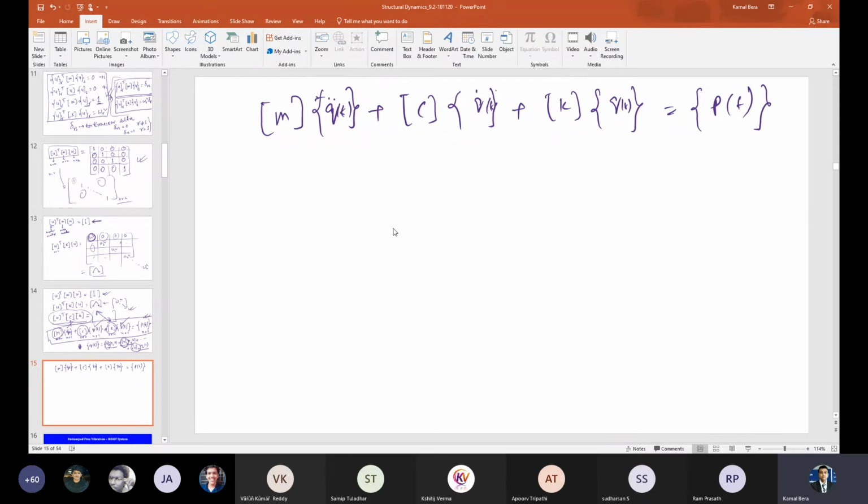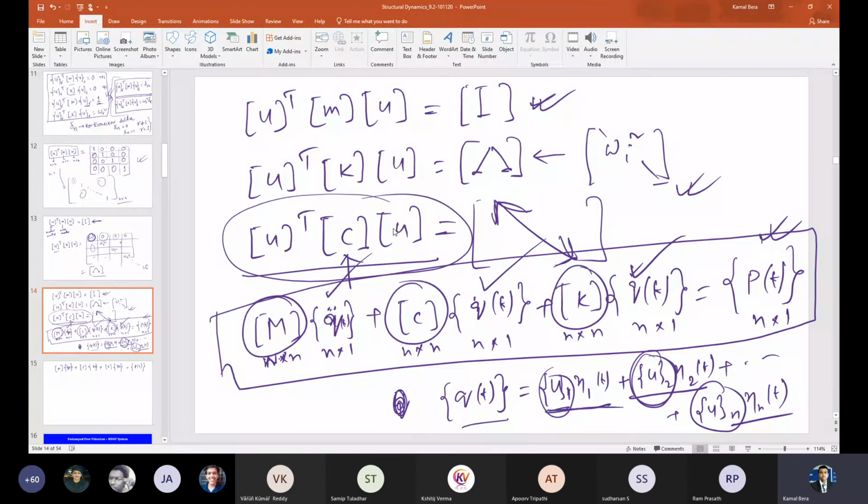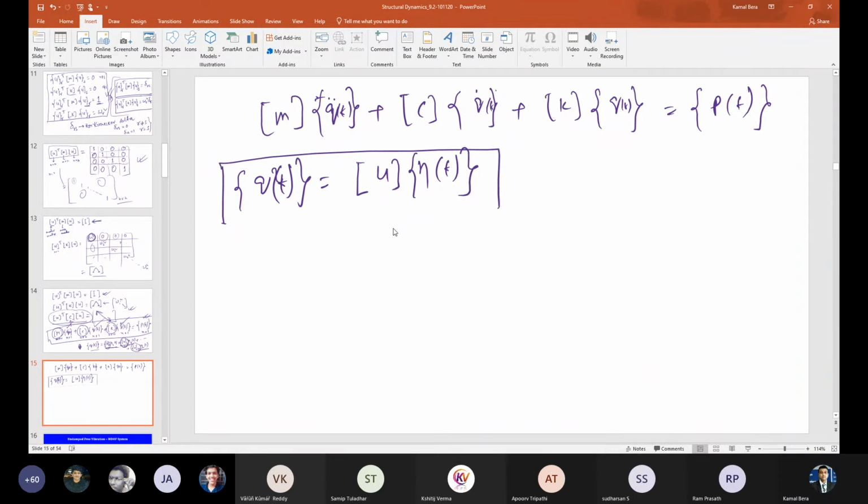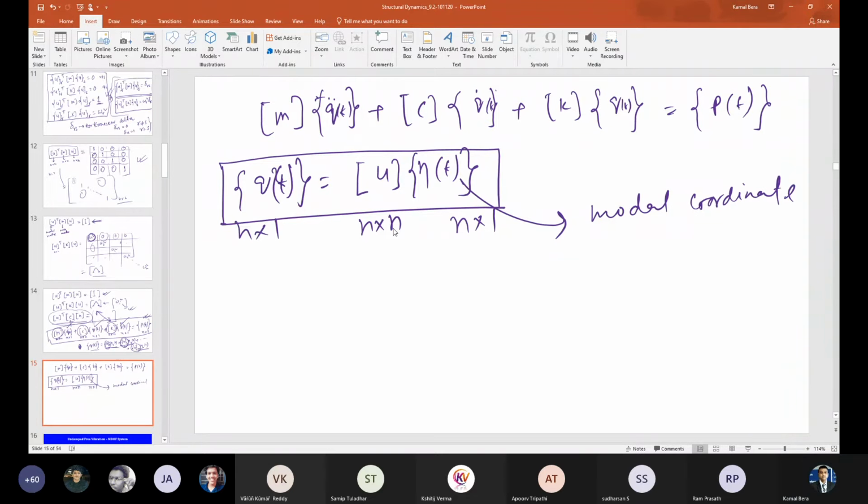And my assumed solution is the contribution from all the modes, so Q t equals U into the vector eta t, where U is the n cross n modal matrix and eta t is the n cross 1 modal coordinate or principal coordinate.